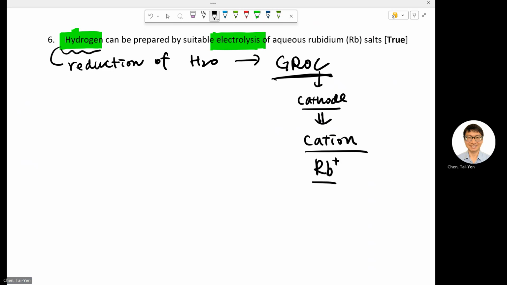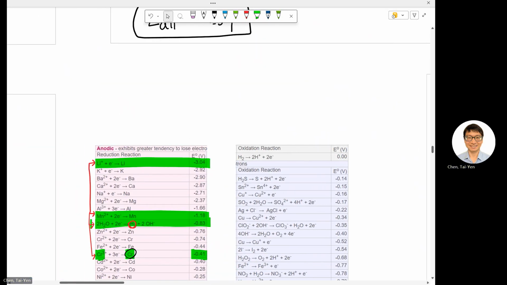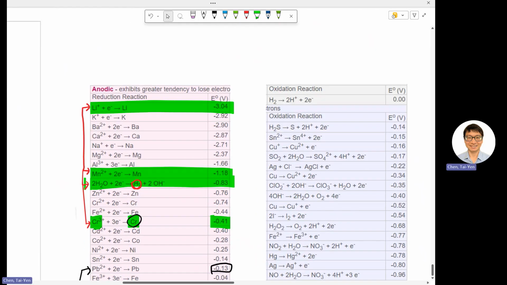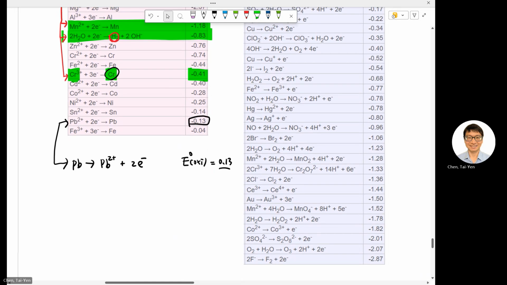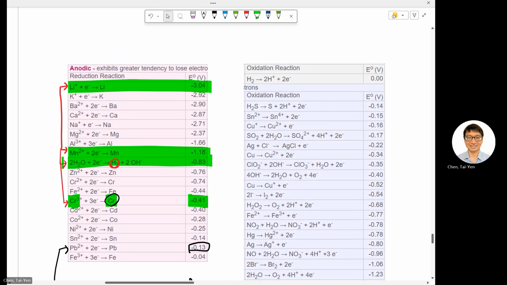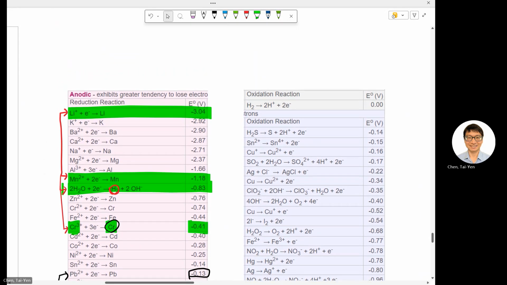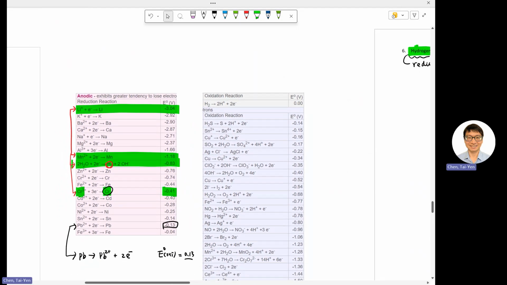Okay. So right now, what do you do? We are going to compare the reduction potential of rubidium plus and H2O. Okay? So then what you do is you go back and check the table. You have it here. Okay, my table is actually not big enough to contain the rubidium.